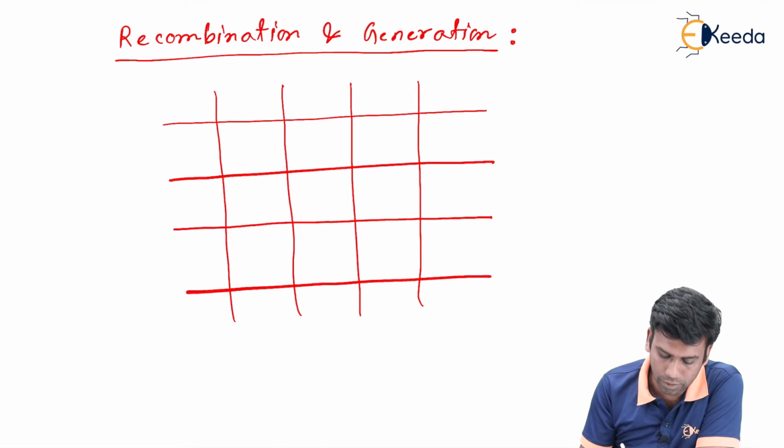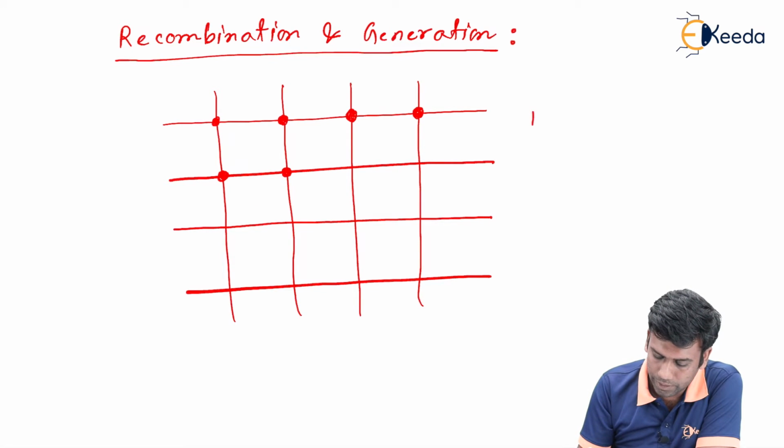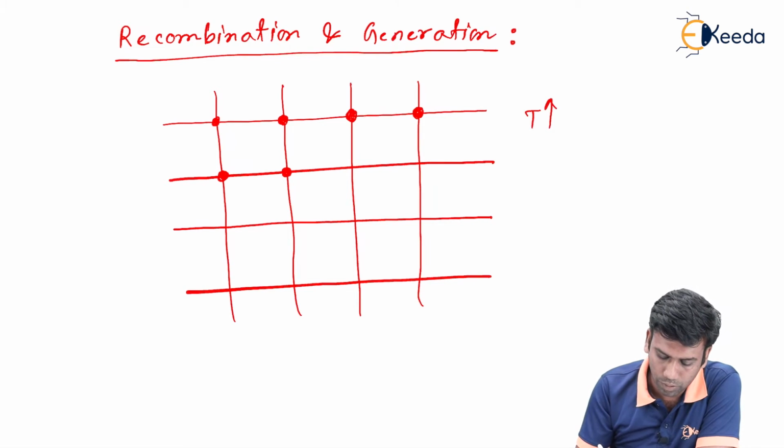So at every cross point there were silicon atoms, every cross point. Now if we give temperature to this device, that is if we increase the temperature of this semiconductor, then one of the bonds will be broken in this way.